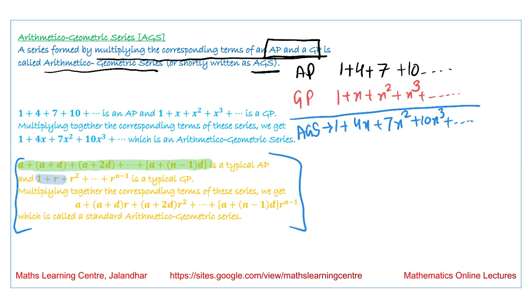The general terms of the GP are 1, r, r square, and so on up to r raised to the power n minus 1. If we multiply these terms, we get a plus (a plus d) times r plus (a plus 2d) times r square plus so on up to (a plus (n minus 1)d) times r raised to the power n minus 1. And this is the standard form of the arithmetico-geometric series.